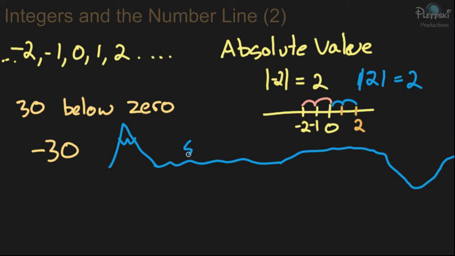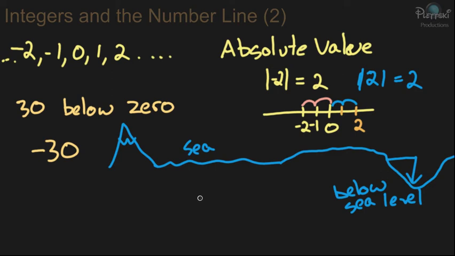So if that's the sea, you could have a valley that's below sea level. And we would measure that as a negative integer, negative however far below the surface of the sea it would be.